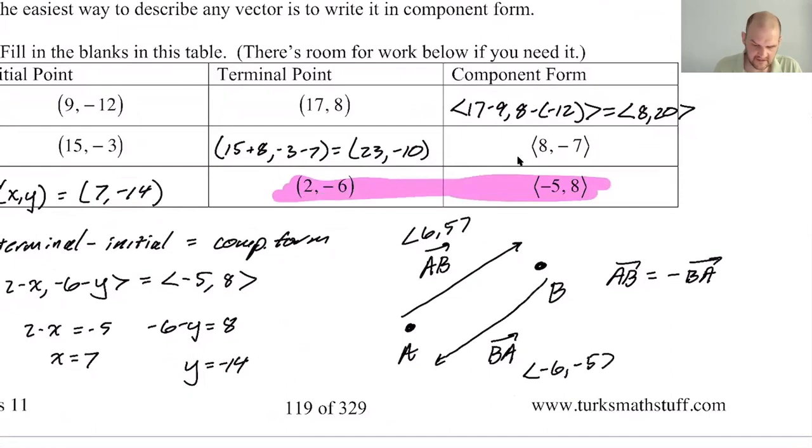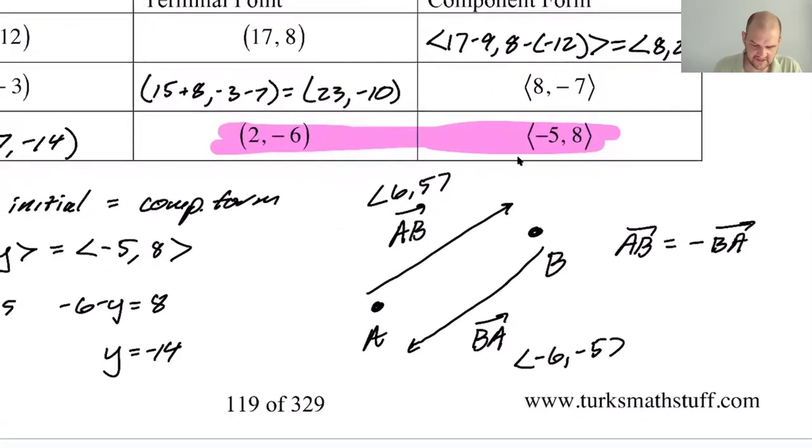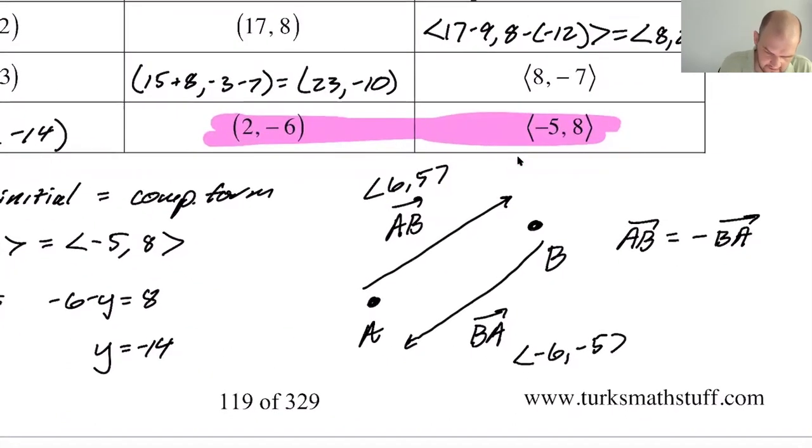So another way that we could have done this particular problem is we could have said that this is the initial point. I will do this in a different color.